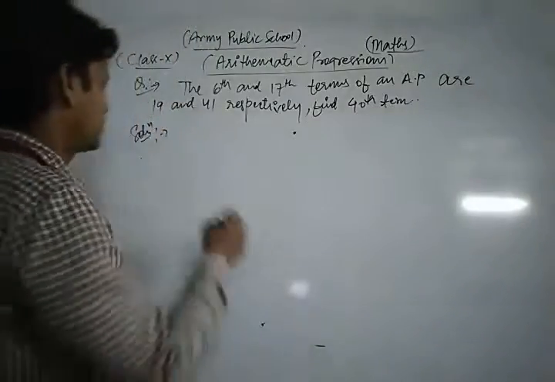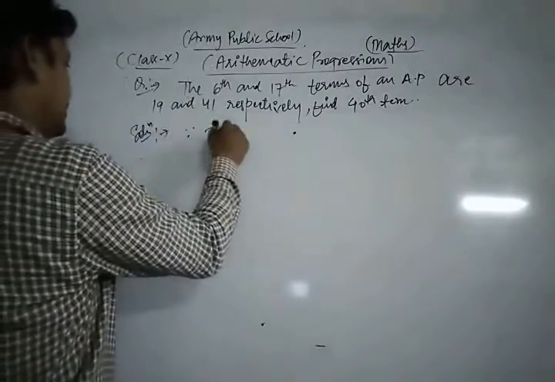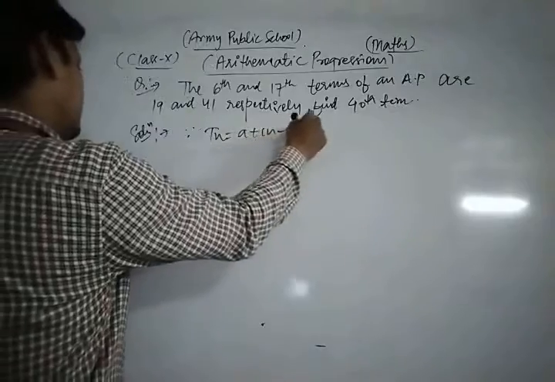Let A be the first term and D be the common difference of the given AP. Then its nth term will be A plus n minus 1 into D.